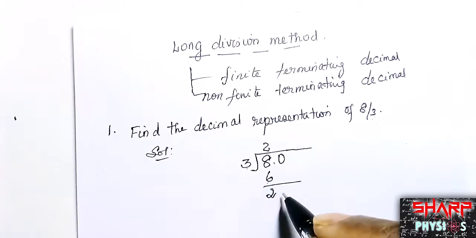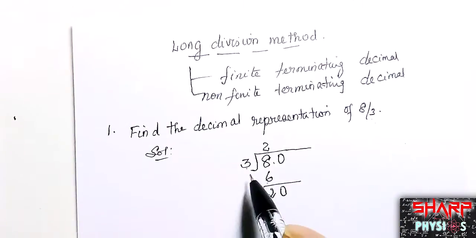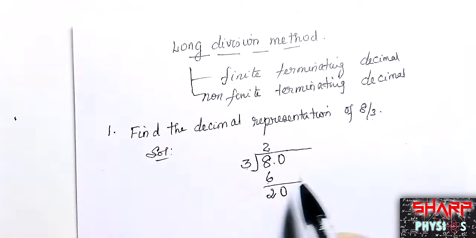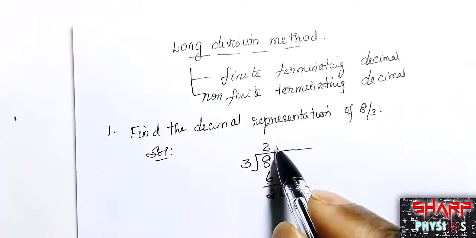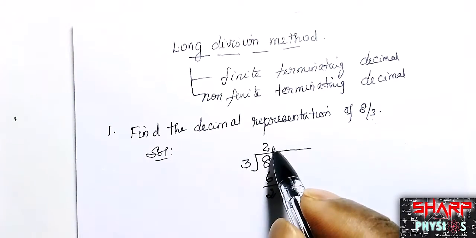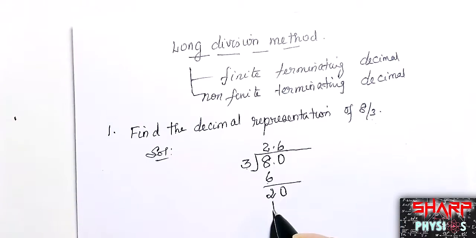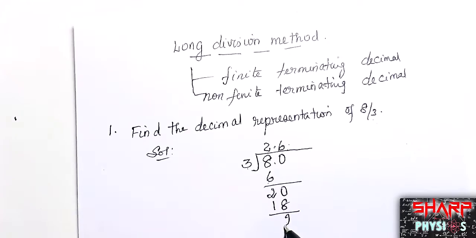Since 2 is less than 3, you bring down this 0 here. So now 3 sixes are 18. Just place a point here and keep 6 here. So it becomes 18. Again you get 2.